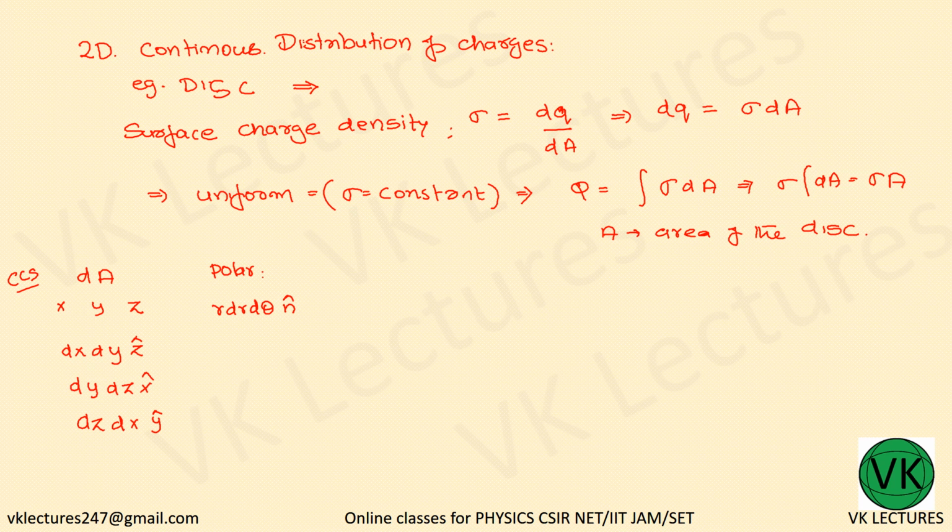Now this is for polar. Now for cylindrical, the coordinates are r, phi, and z. We can remove rho because we will be using it for volume charge density. So r dr d phi in the direction of z.